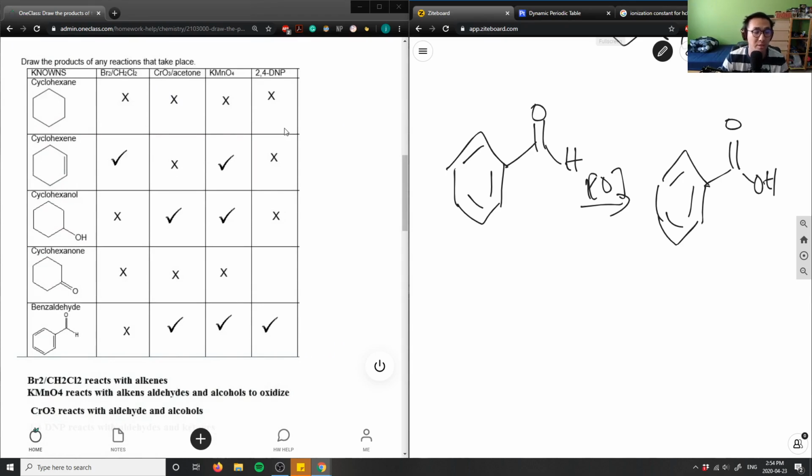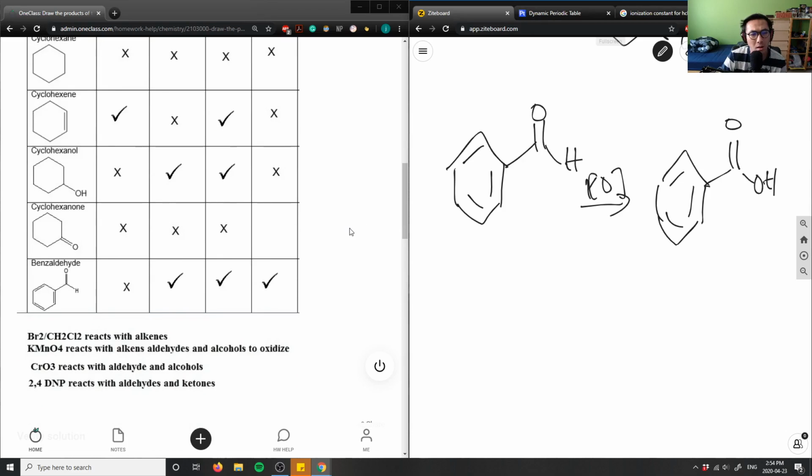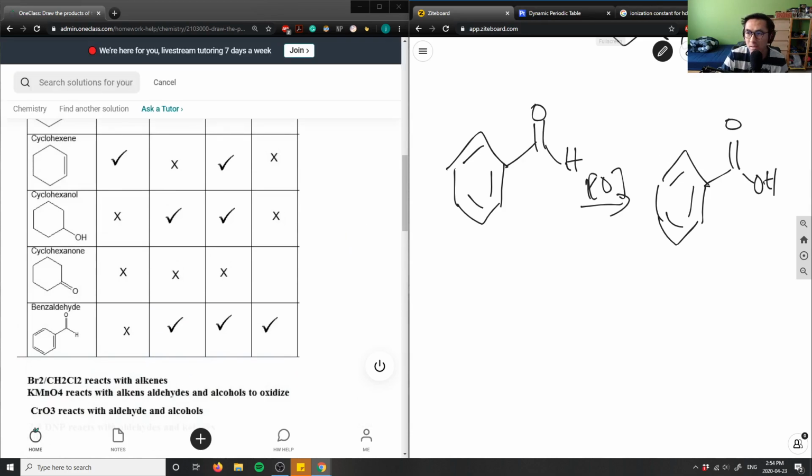I even took it a step further and wrote out the products. No reactions for alkanes, like stated before. Br2 will definitely add to the double bond, like Br here and Br here. KMnO4 would react with cyclohexene to oxidize it.